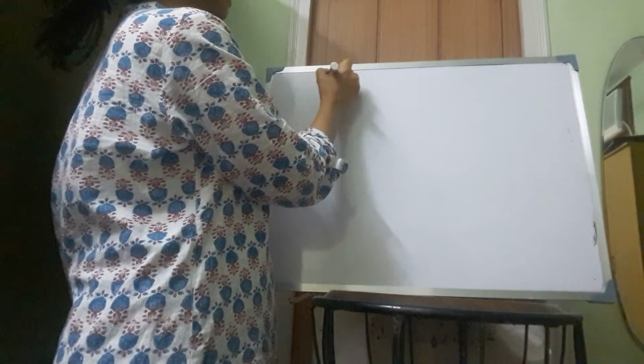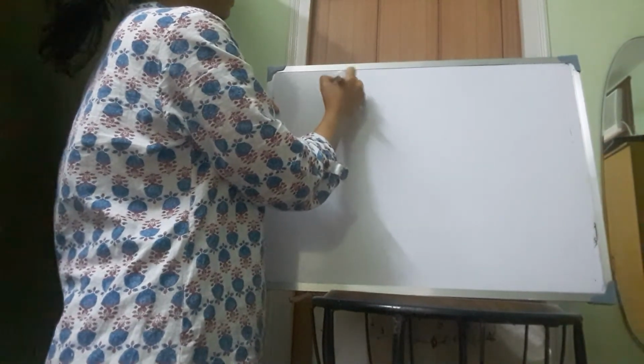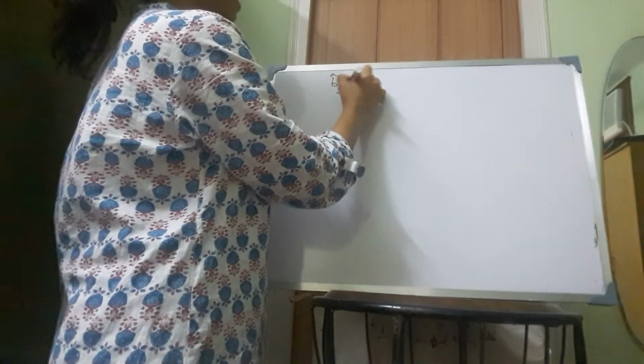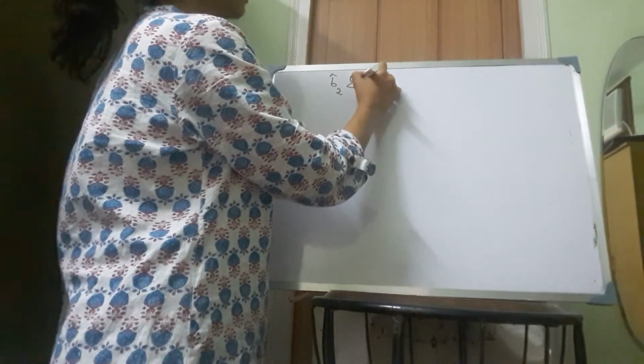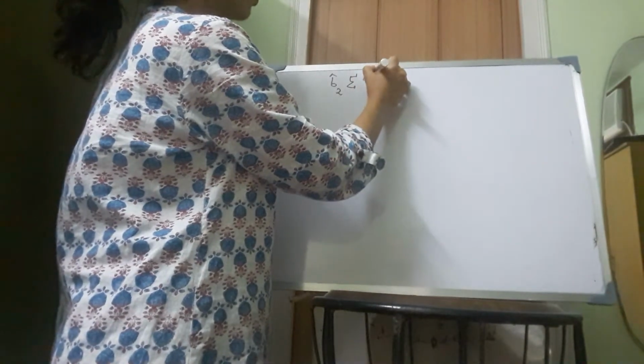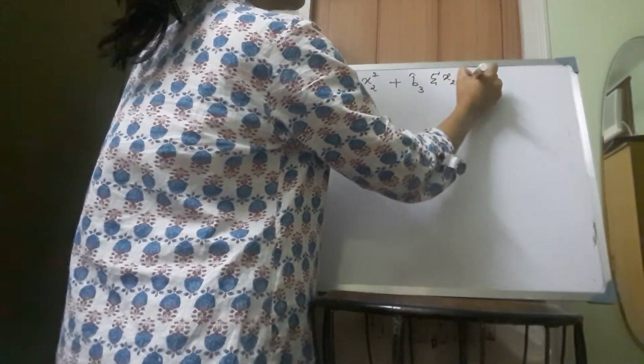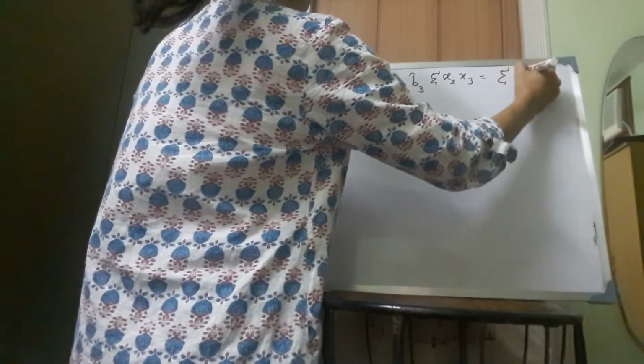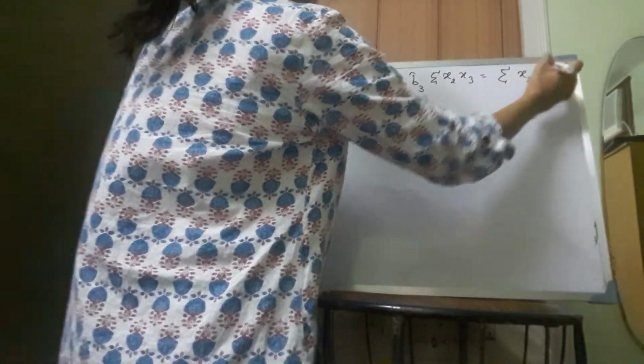Now after working with these 3 equations, we will get b2 hat summation of x2 square plus b3 hat summation of x2 x3 is equal to summation of x2 y.